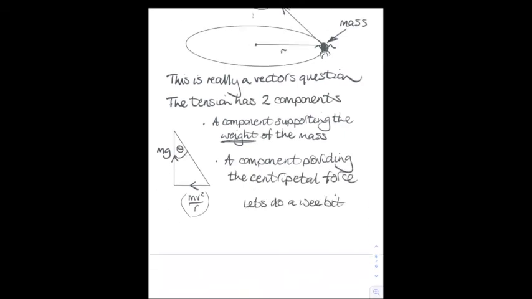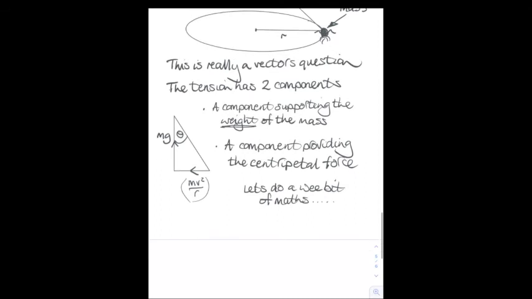Let's do a wee bit of maths. So let's draw this triangle again. Okay, there it is. Remember, the horizontal side of that triangle is the component of the tension that's providing the centripetal force. The vertical component of the tension is supporting the weight of the mass.